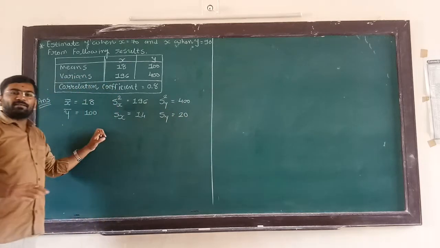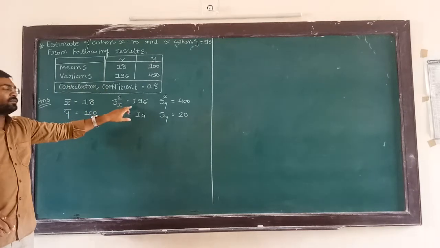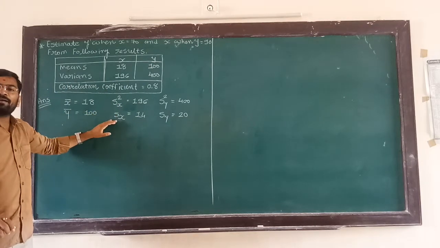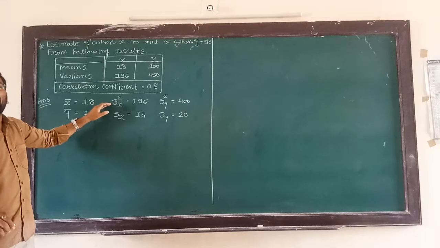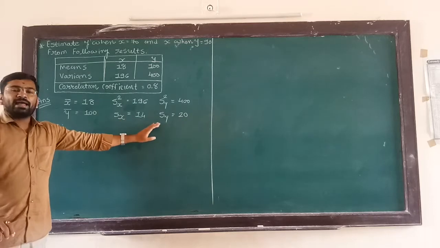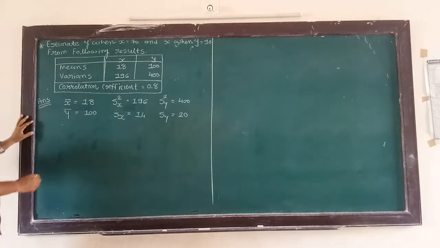Whenever variance is given in a question, students be careful, we need the standard deviation, not the square, the simple form of sx and sy. Now we start the sum.